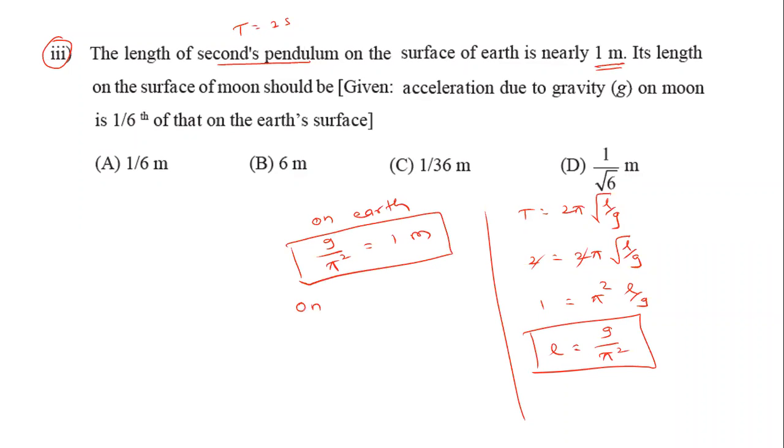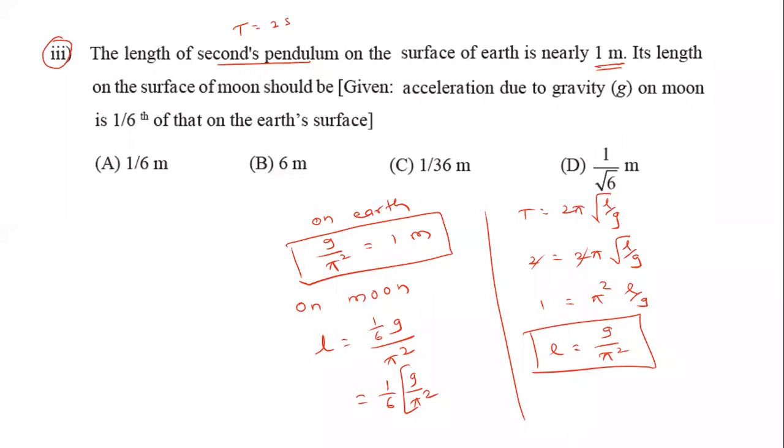On moon, we have to find out how much the length is. On moon, L is equal to g upon pi square, but g on the moon is 1/6 g on earth, divided by pi square. So we can write 1/6 g by pi square.